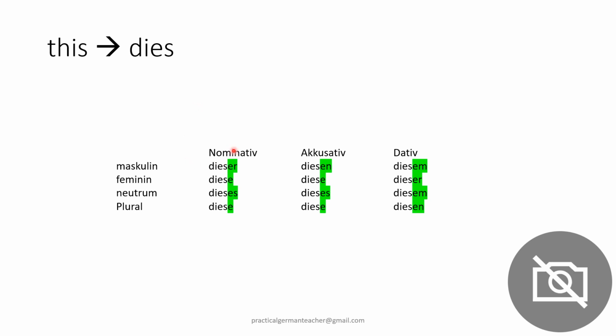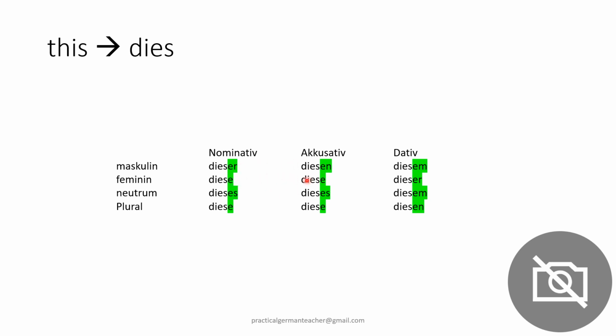In nominative, let's say you are using these with an object and that object is in nominative case. So it will be these are for masculine, these are for feminine, these are for neutral. For plural, it will be these are. For accusative, you can read. From nominative to accusative, the only change that you see is for the masculine.